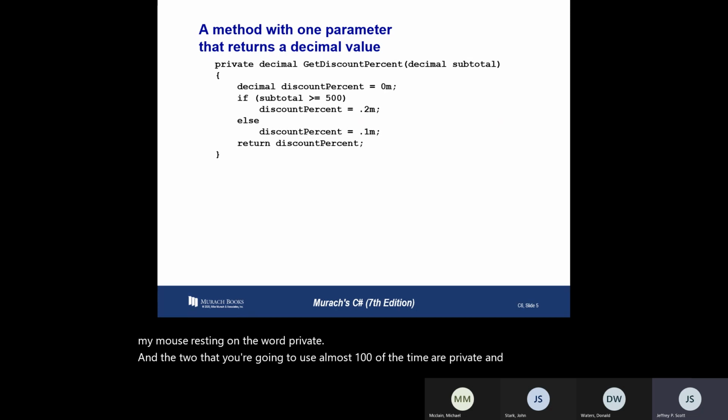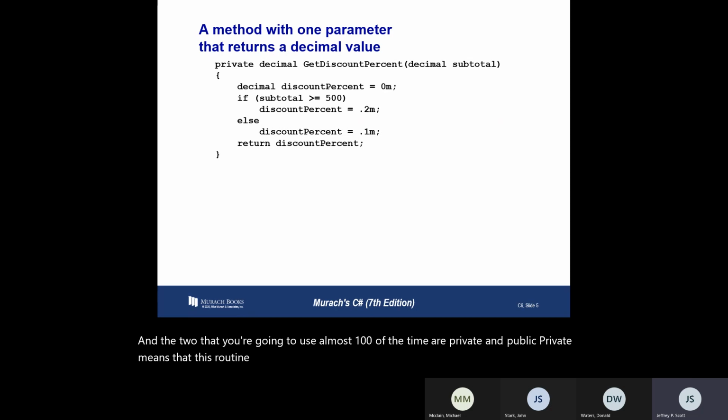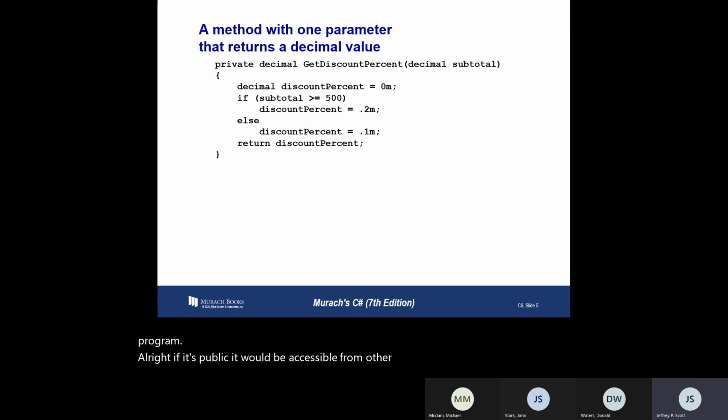Private means that this routine is only available from inside of this class, which is basically this program. If it's public, it would be accessible from other classes, so from outside of this program.